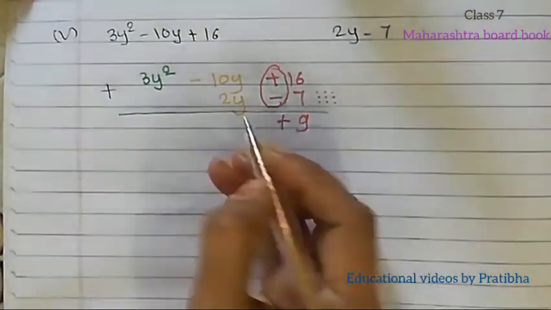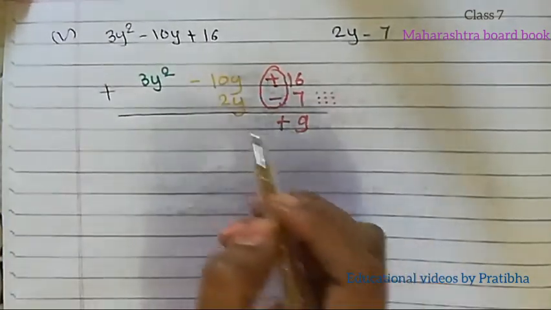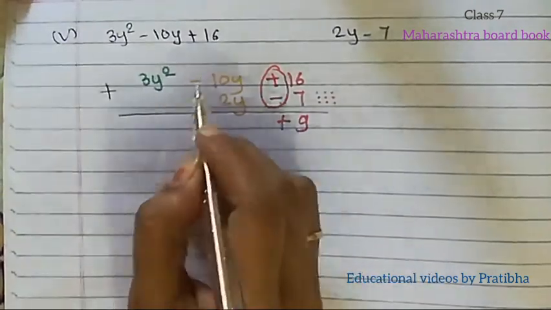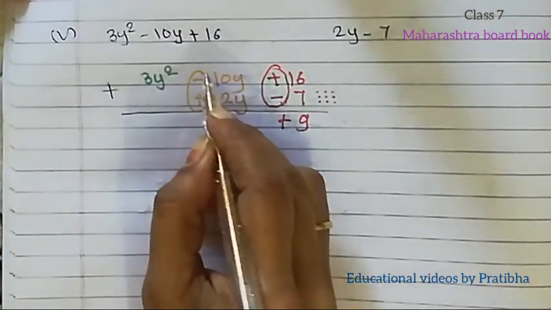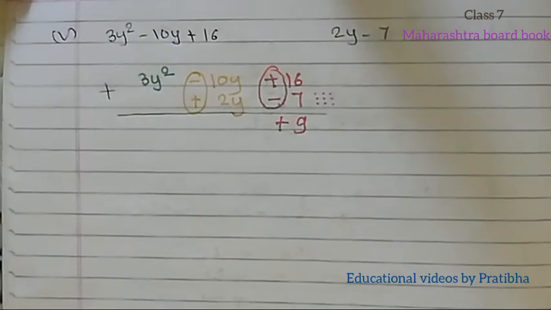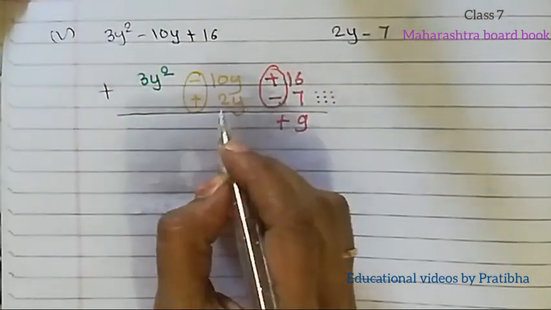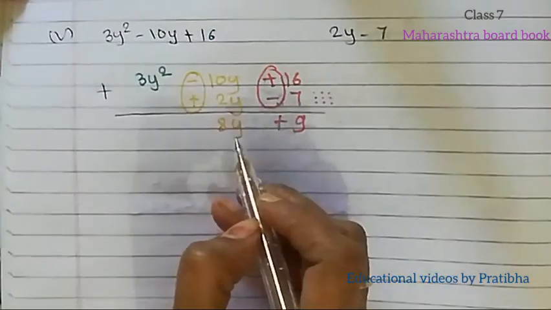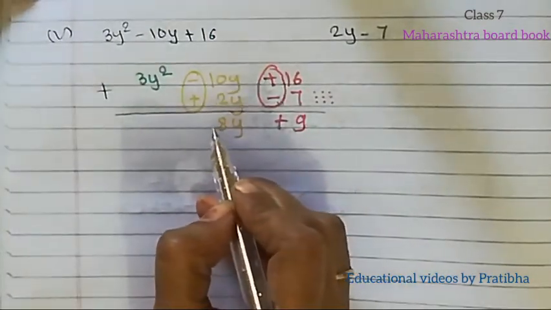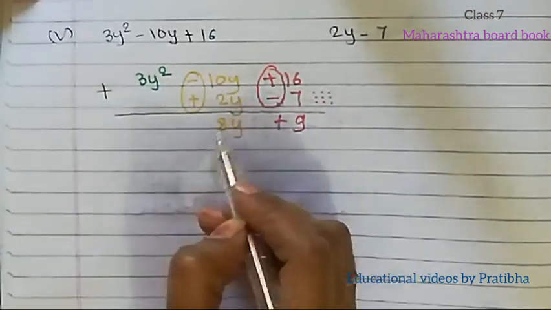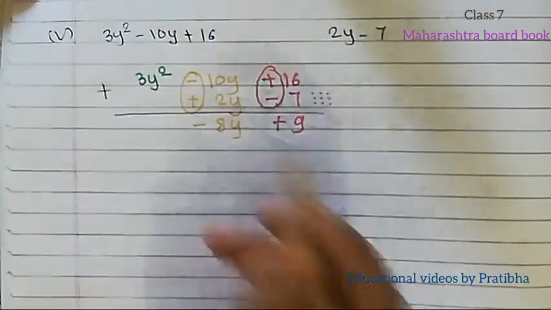Let us do the pair of middle terms now. In front of 2y nothing is there, means this number is positive. So again this pair is having unequal symbols in front of it, so we have to do subtraction. 10 minus 2 is 8, so 8y. Now in front of the answer we have to give the symbol of the bigger number, that is 10. 10y is negative, so 8y will also become negative.